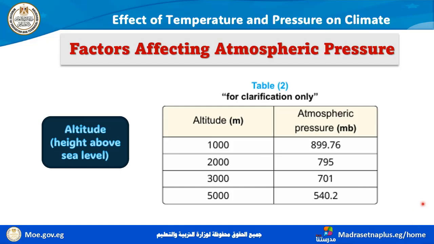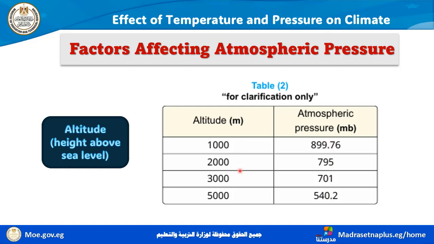We will observe as we go higher above the sea level, as the altitude increases, the height of the air column extending to the top of the atmosphere decreases, and so its weight acting on the unit area also decreases. Therefore, the atmospheric pressure decreases as shown in our table.